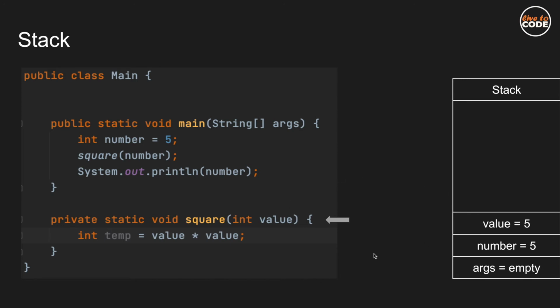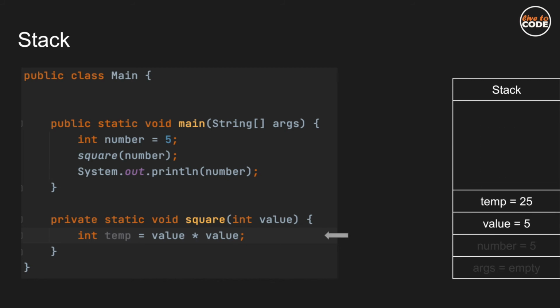Now we are inside the new function, so the number and args variables will be out of scope. Both these variables are only available in scope inside the main function, not in the square function. So now we only have access to the value variable, and the next line will be executed.